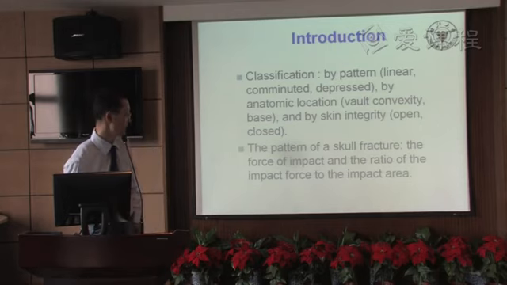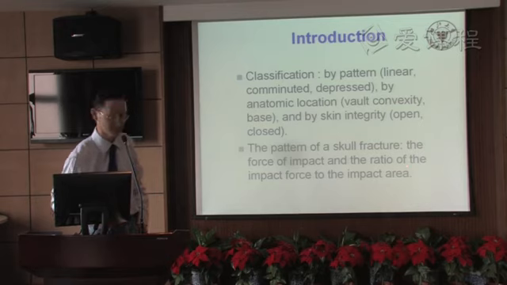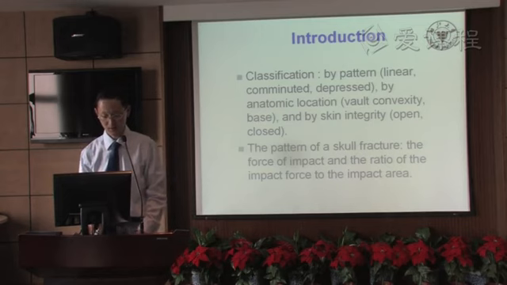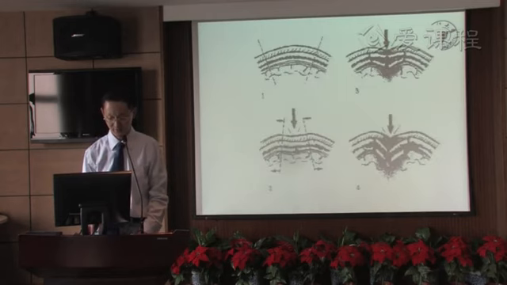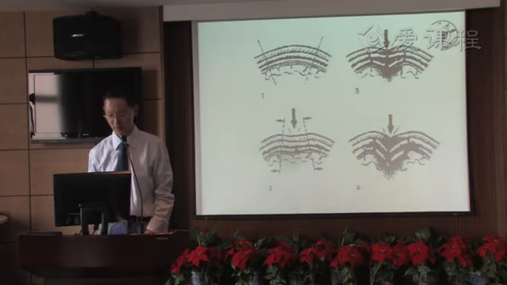The pattern of skull fracture is affected by two factors: the force of impact and the ratio of the impact force to the impact area. A linear fracture results from a point of weakness when the skull structure fails to undergo further elastic deformation in response to impact.